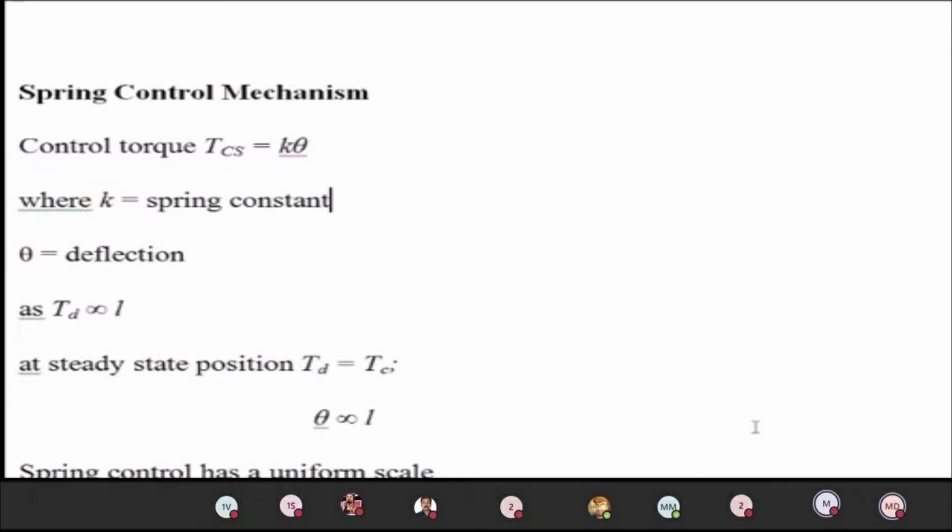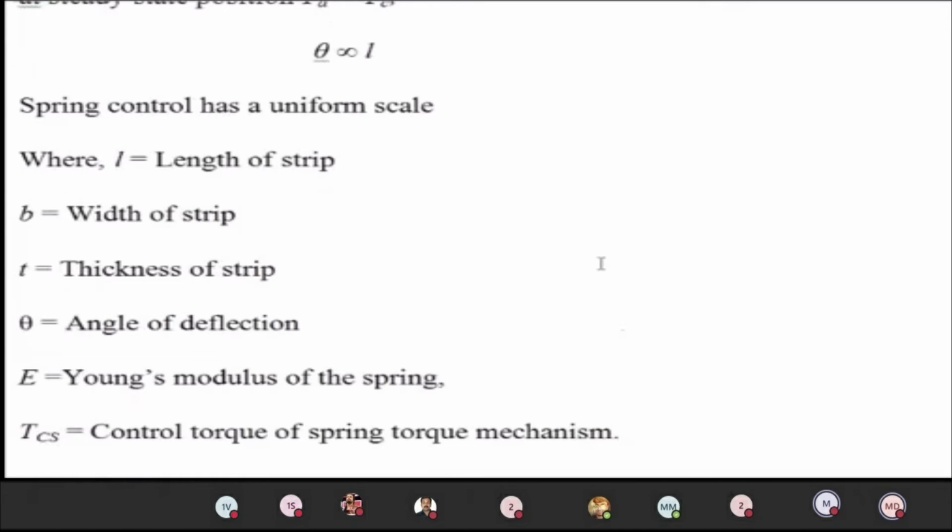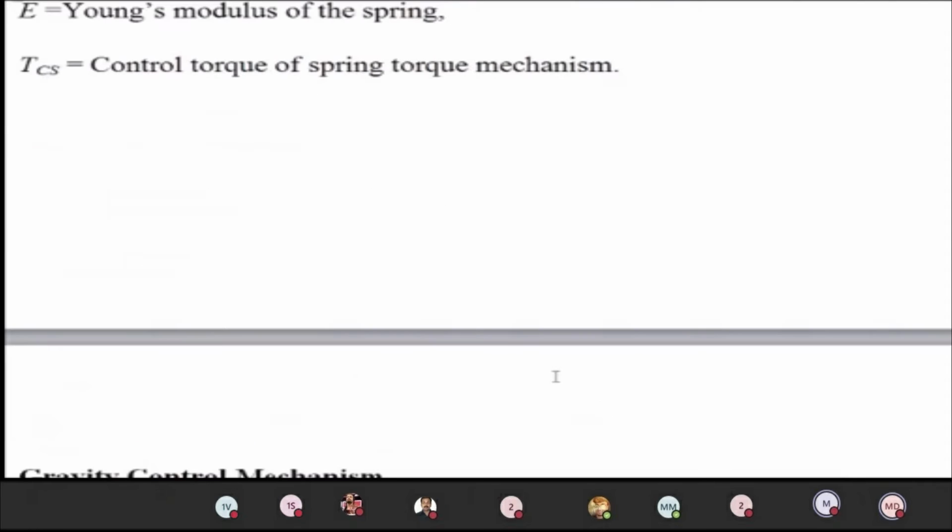So in steady state, the deflection is directly proportional to the length of strip L. Here L is the length of strip, B is the width of strip, T the thickness of strip, theta is the angle of deflection, E is the Young's modulus of the spring, and Tc is the control torque.